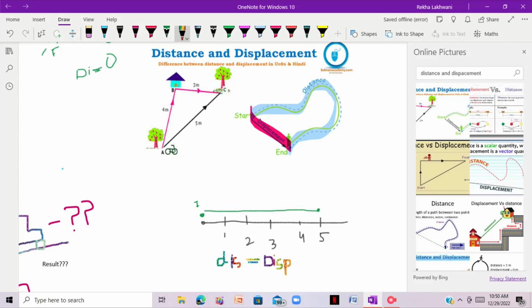So from this I can conclude one more thing, let me write it over here: distance can be equal to displacement. But as you can see, displacement can be less than distance, but distance can't be less than displacement.